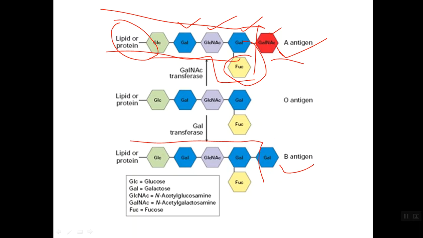So that is the difference. A will be having the N-acetyl galactosamine, whereas the B antigen will be having the galactose. But the basic structure with the fucose moiety is called the H antigen. So this is the difference between the A antigen and the B antigen, which both act as isoantigens within the same species, which raise the immune reaction within the individuals of the same species.